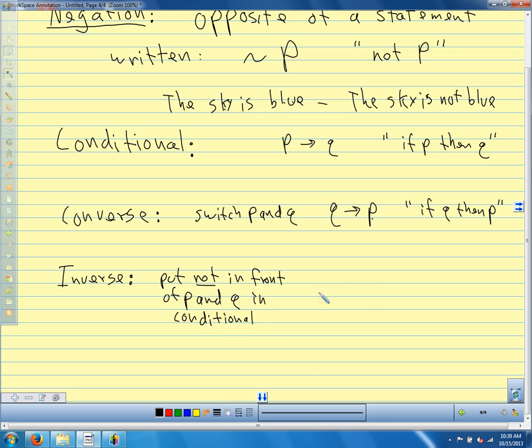So I'm going to write this, and I would write if not P, then not Q. So the converse, I switch the order. The inverse, I put a not in front of the P and the Q.